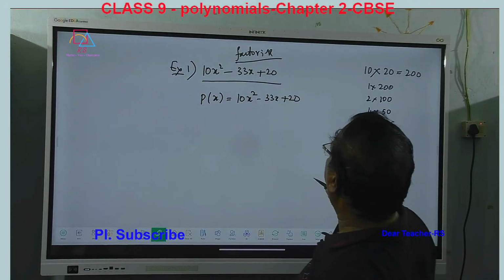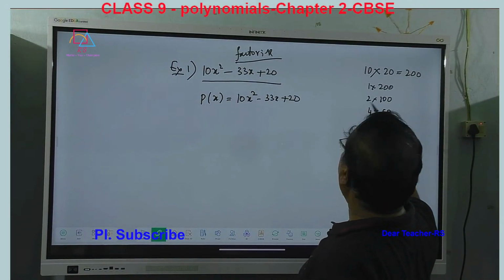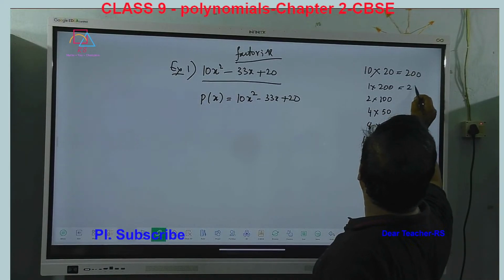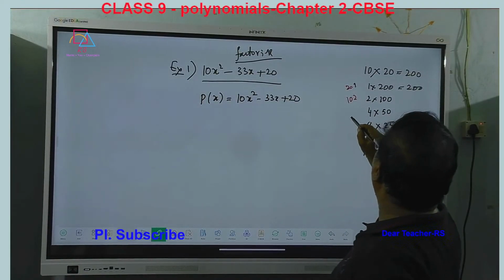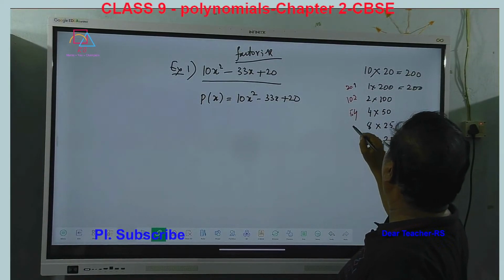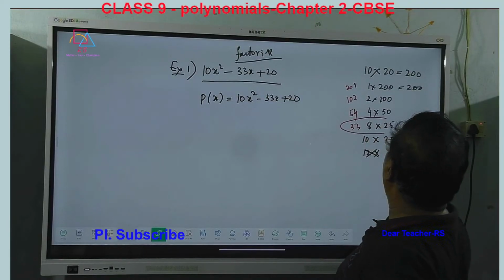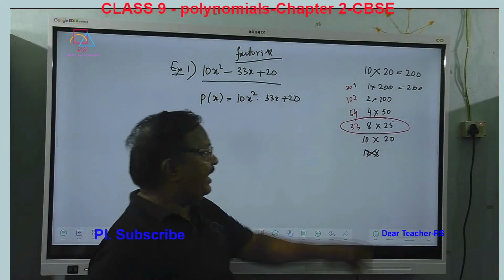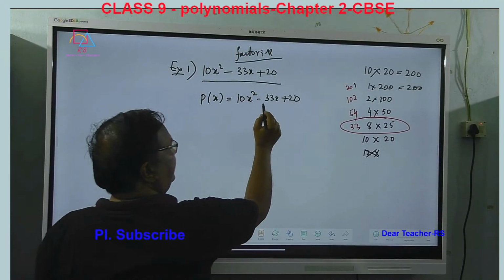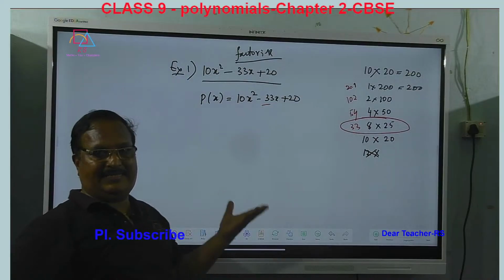So these are the different factors. So by adding them, 201, this is 102, this is 54, and this is 33. These two factors we have to take. That means when you add those factors, you should get the coefficient of x.